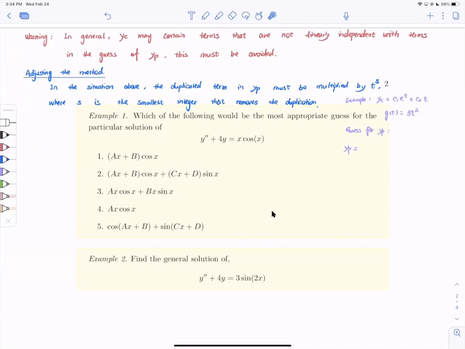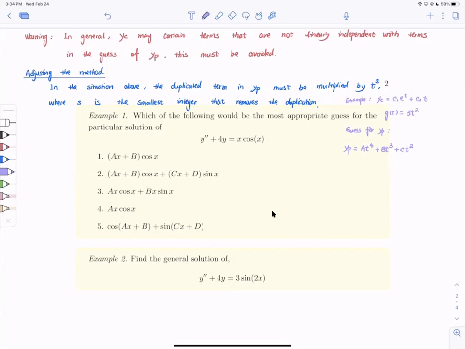So what is my answer? Yes. My guess should be a t to the power of 4 plus b t to the power of 3 plus c t squared. Okay? That is why I said a lot of you know that you need to do this, but you still get it wrong because you need to check why that is our guess.